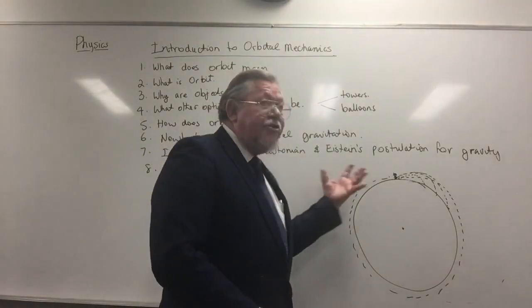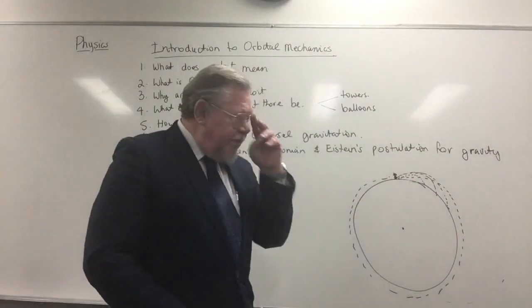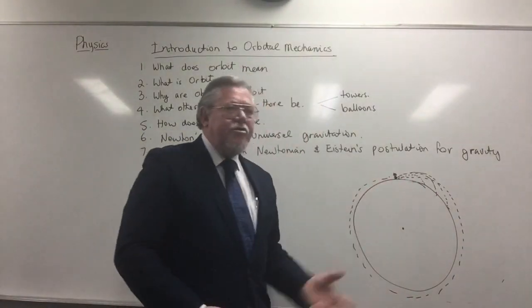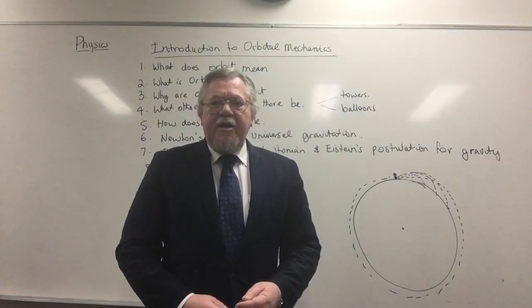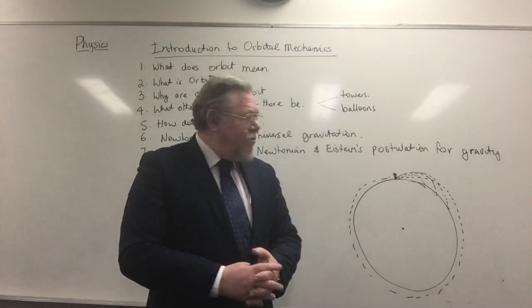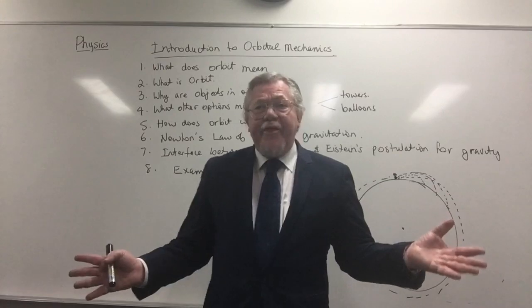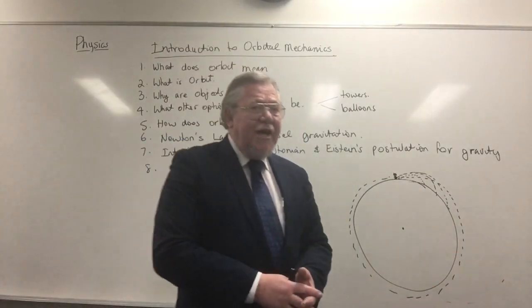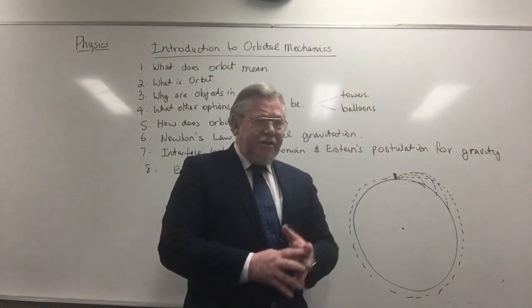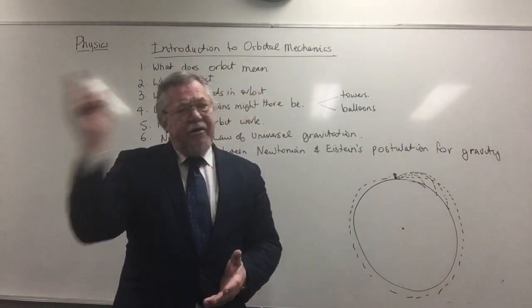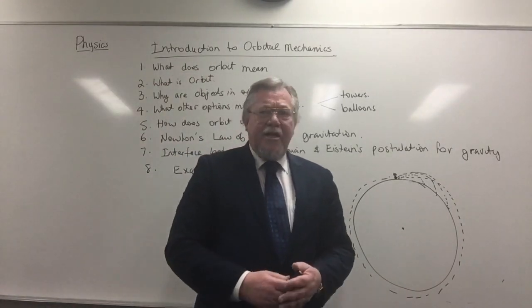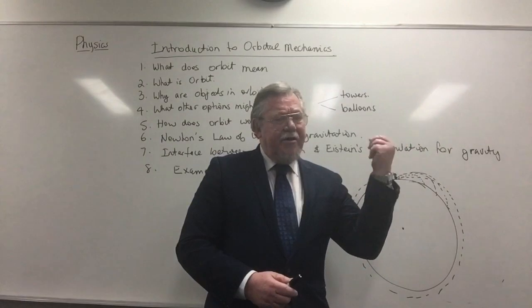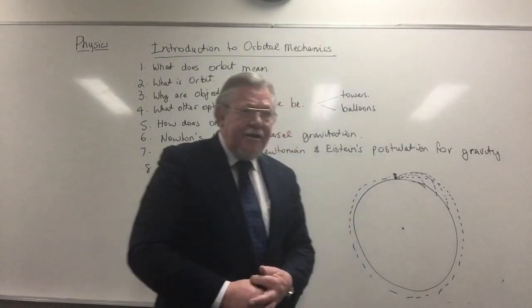Okay, so this is really interesting because when this was discovered that you could do that, of course everybody immediately jumped on the bandwagon and thought, wow, we could make some money with this. Okay, because we can actually make satellites go in orbit around the Earth, and we can actually get it to send signals back.